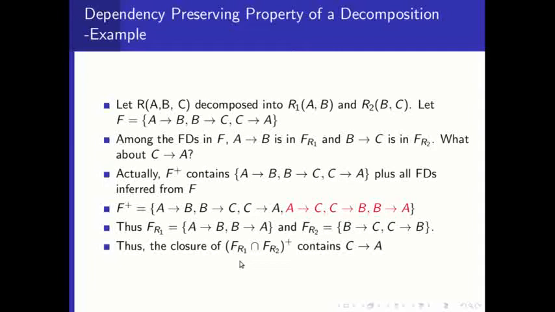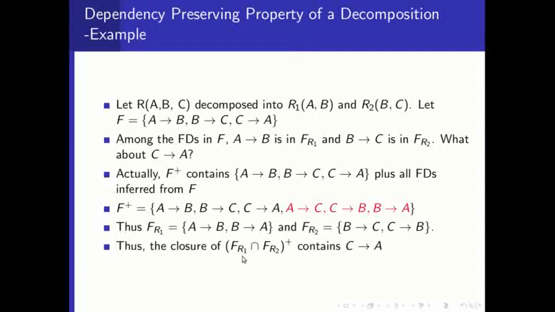What is FR1? Those dependencies that come from the F closure, not just from F, and which belong to the decomposed set R1, and FR2 means those dependencies which are taken from the F closure, the original functional dependencies closure, which belong to the attributes of R2. Therefore, you cannot have an FD with an attribute which is not in this R2 set.